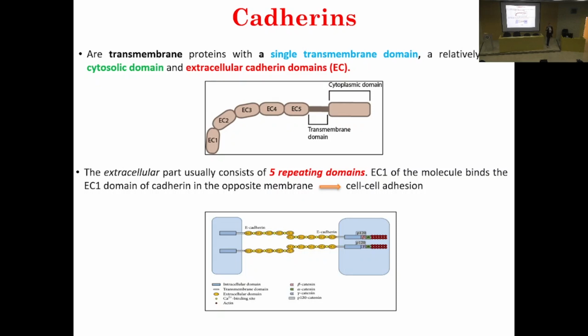So this is the catenin. The catenin is the linker protein that connects the cytoplasmic domain and the microfilament. It ensures the link between them, because the cytoplasmic domain is short and cannot reach the microfilament directly. Is it clear?